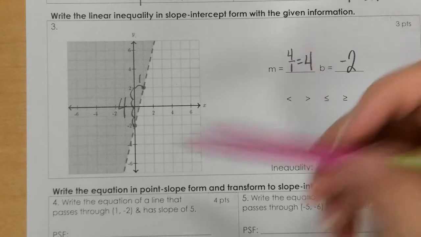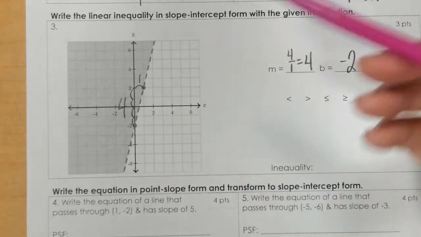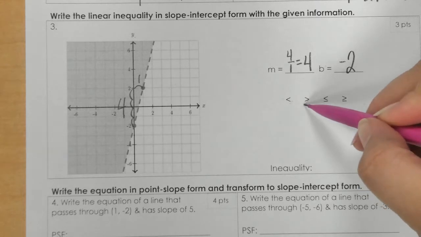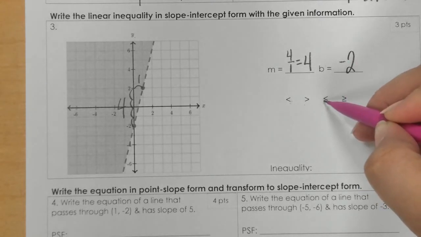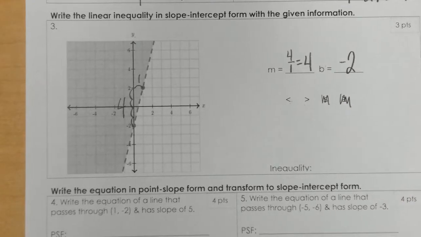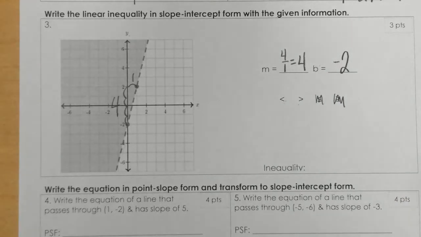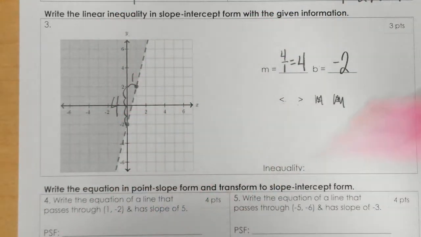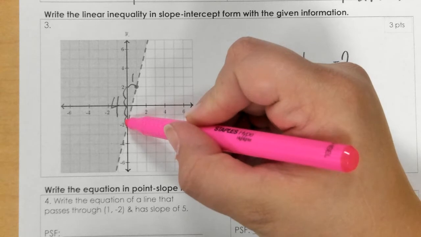And I see that this is a dashed line. And dashed line has to be one of these inequalities, less than or greater than. It cannot have the line, which means equal to, for an answer. So we can get rid of that, okay? I have to look to see, did I shade above my line or below my line? So I go back to where I started.